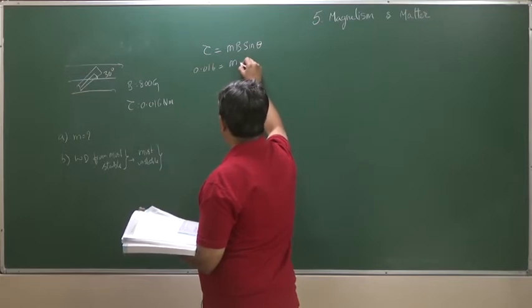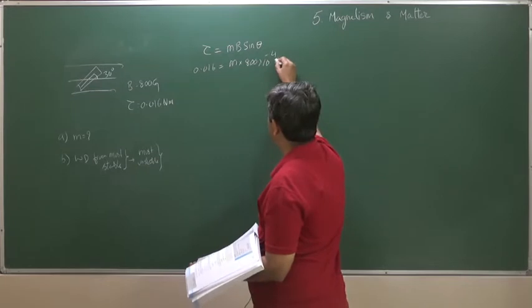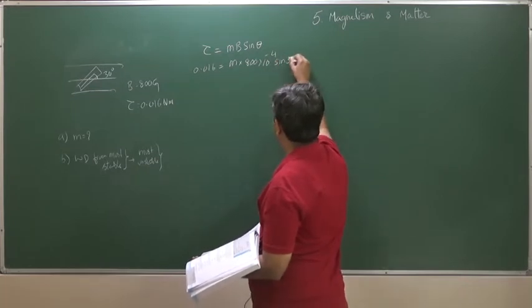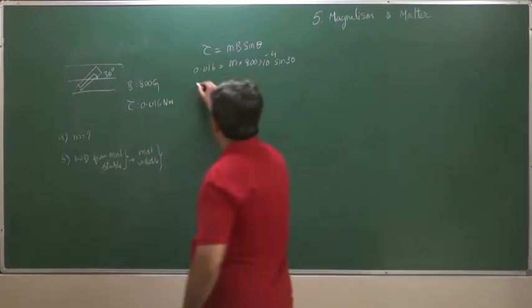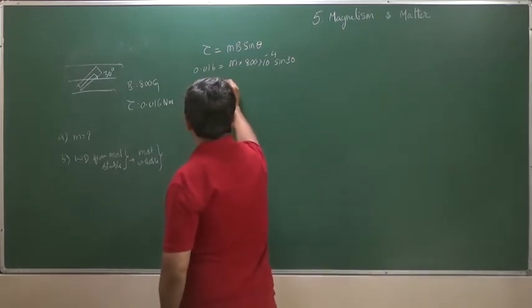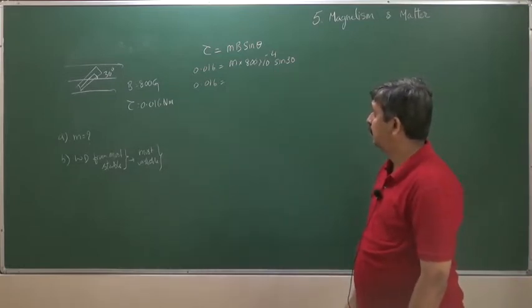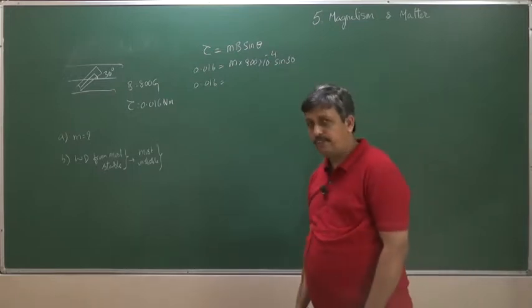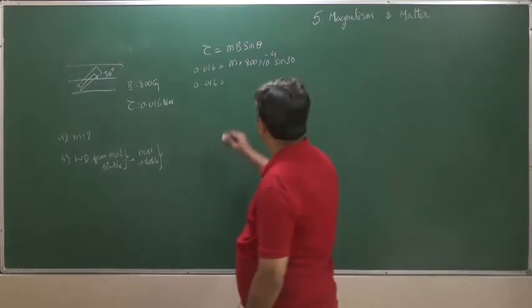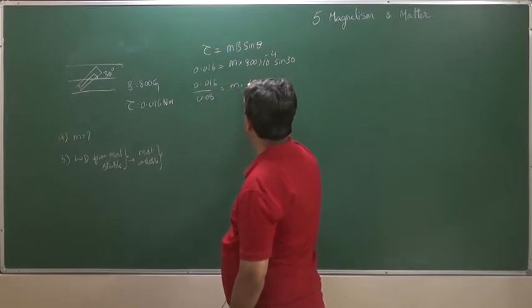B is given, which is 800 Gauss, 800 into 10 power minus 4, and sin 30. So 0.016 is equal to 800 into 10 to the power of minus 4, which is 8 into 10 to the power minus 2, which is nothing but 0.08. So 0.08 is equal to m into sin 30, which is half.